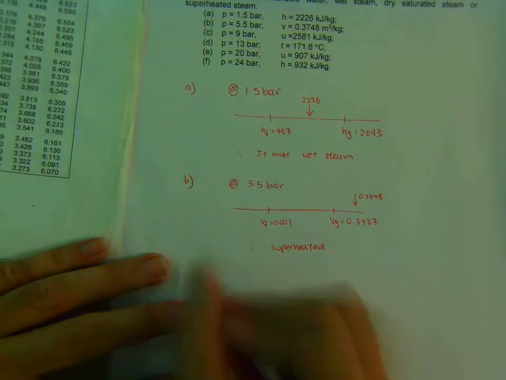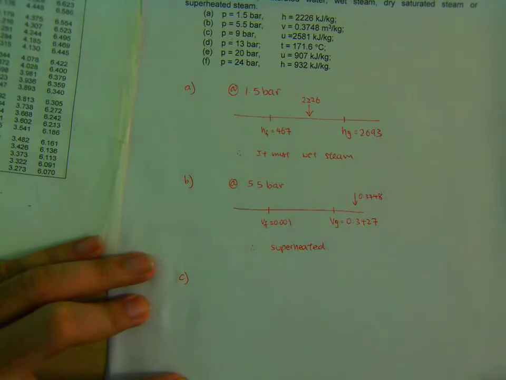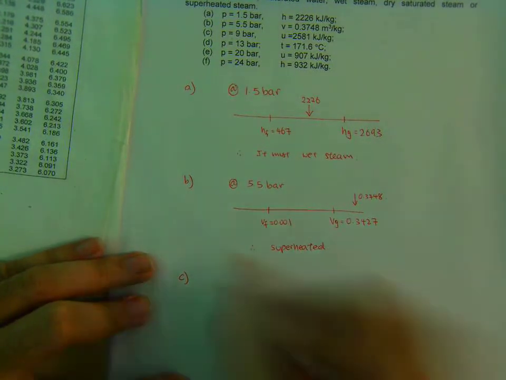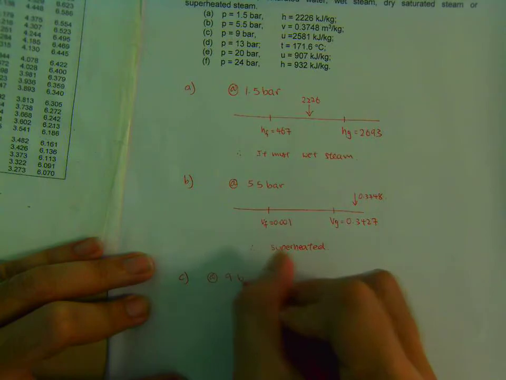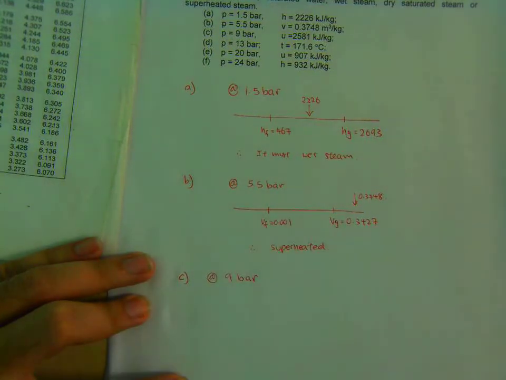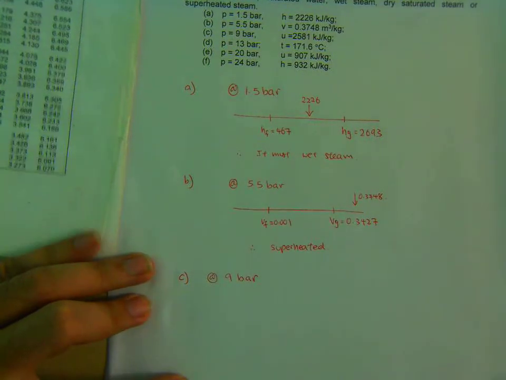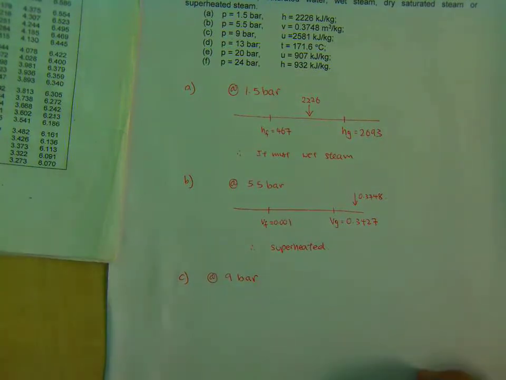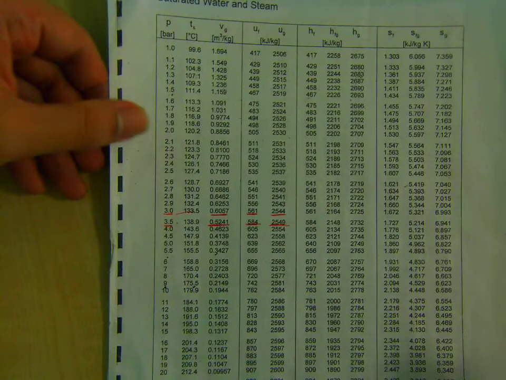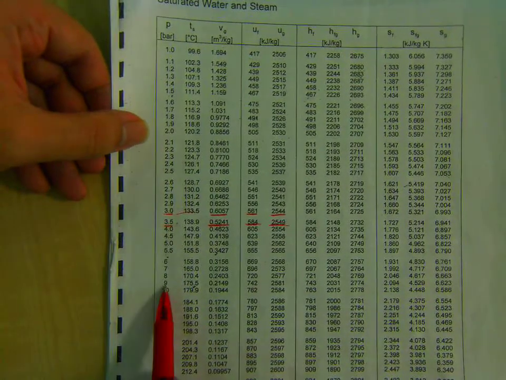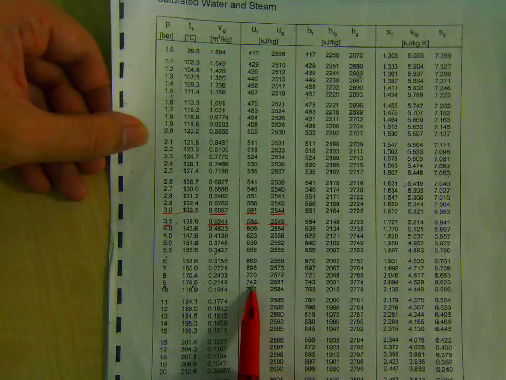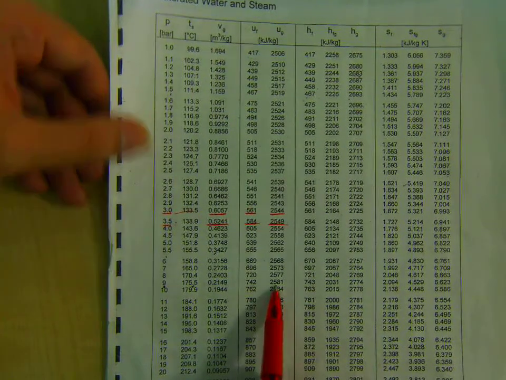Next for C. Again at 9 bar. In this case, the value given to us is in terms of U. So for U, at 9 bar, UF is 742, UG is 2581.